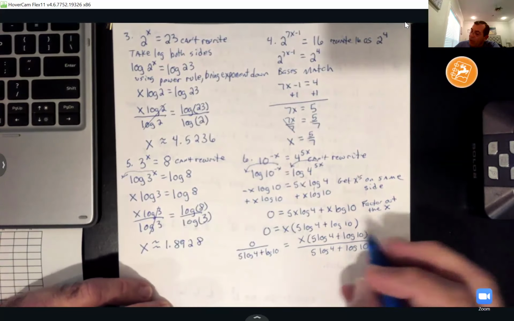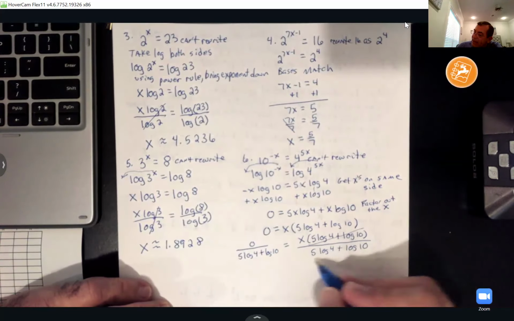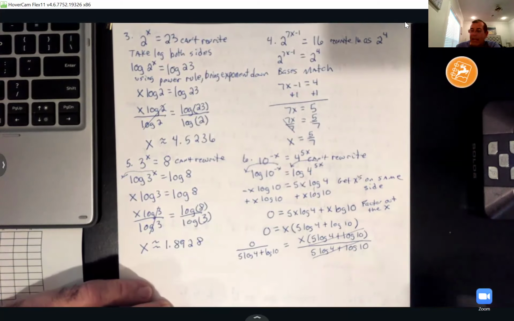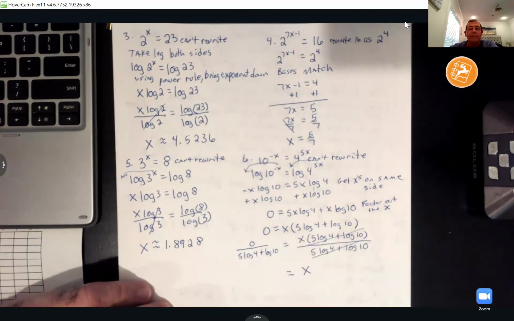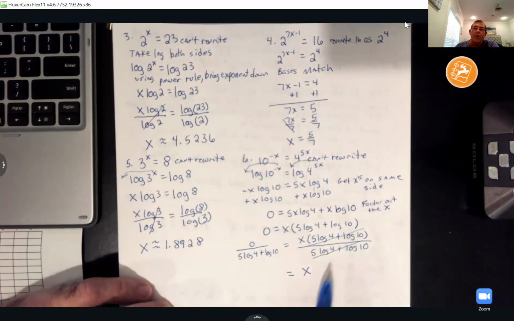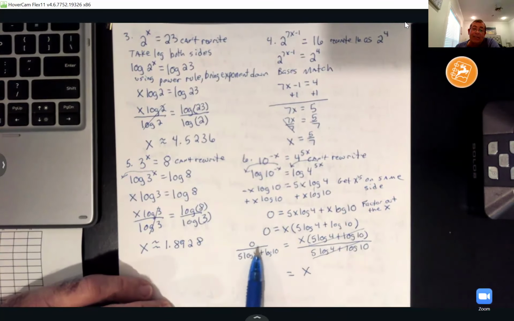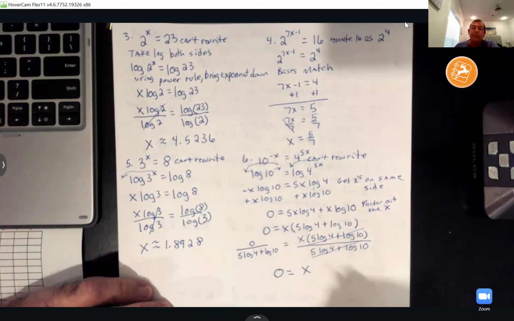So notice the right side, all those numbers cancel. All that's left is our x. No matter what you're dividing by, this side is a 0 divided by anything. Well, 0 divided by anything is a big 0.